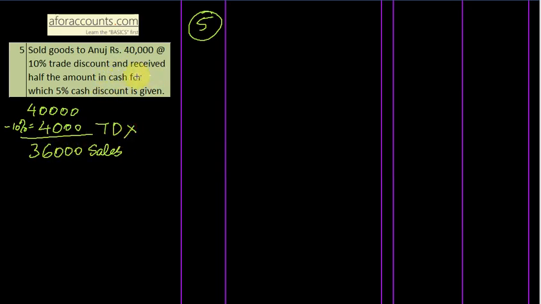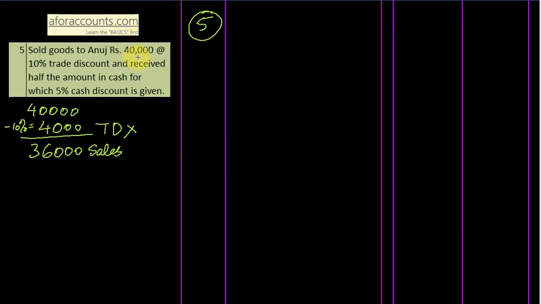Okay, and received half the amount in cash, and for which 5% cash discount is given. But I record cash discount in my books. I have to remember that. So 36,000 is my total sales.